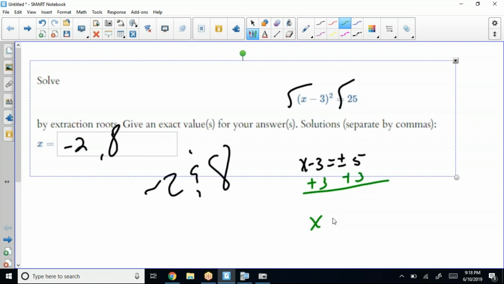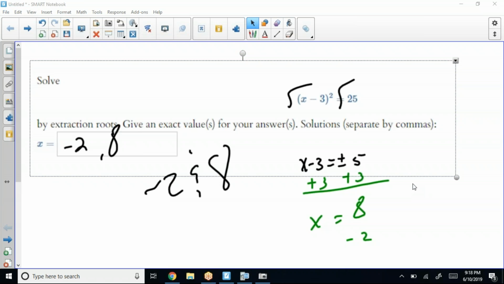So I'd have x equals 8 and -2, right? Yes, sir. 5 + 3 is 8. -5 + 3 is -2, right? Yes, sir. Okay. All right. That's all I have. Okay. Anybody else?